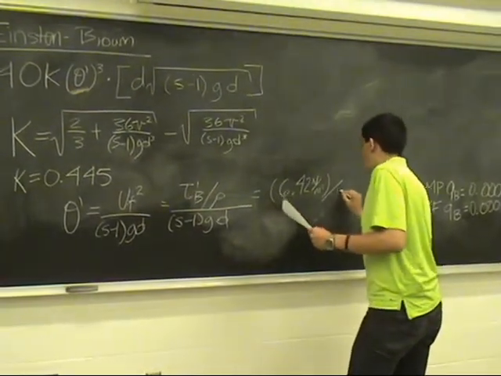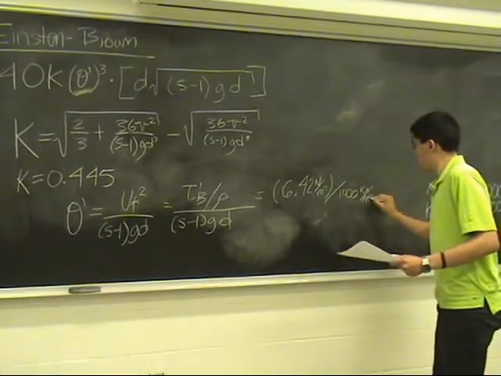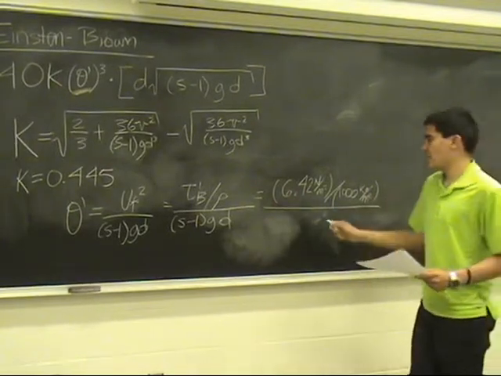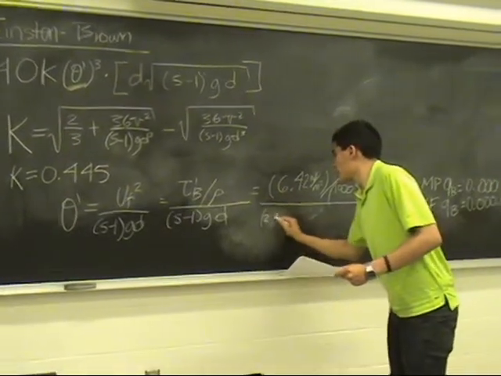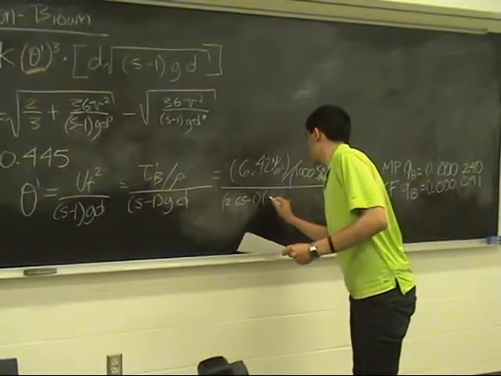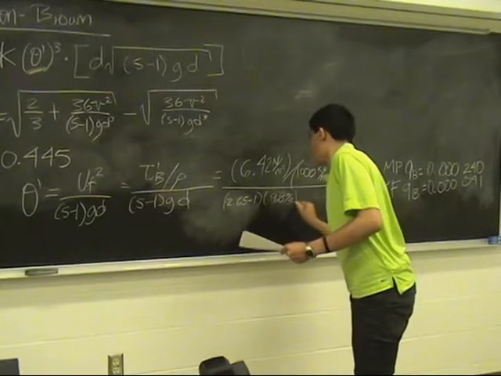divided by the density of water, 1,000 kilograms per meter cubed. This divided by 2.65 minus 1. Gravity is 9.8 meters per second squared.